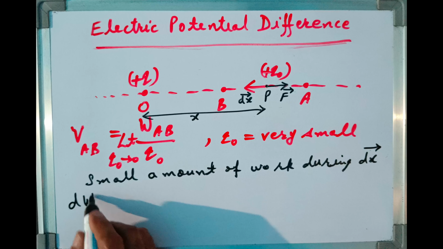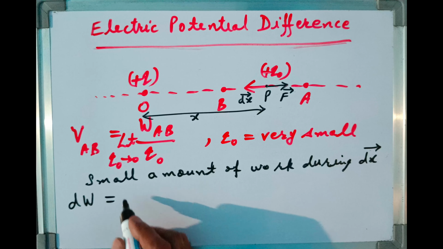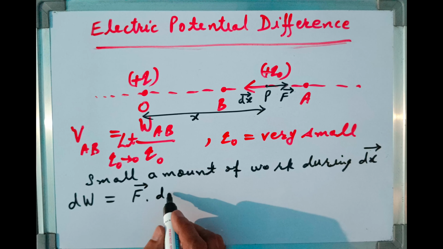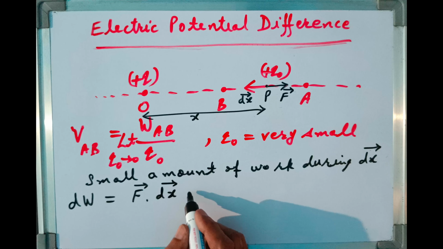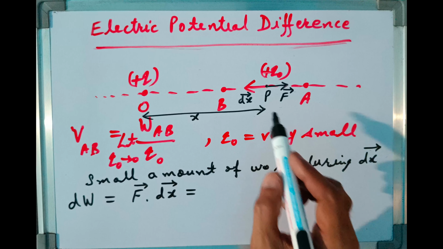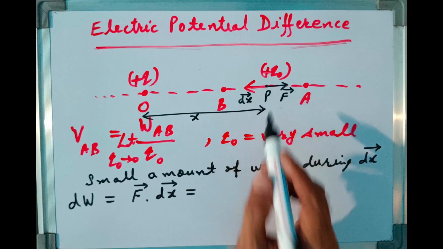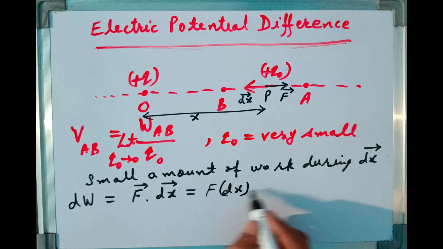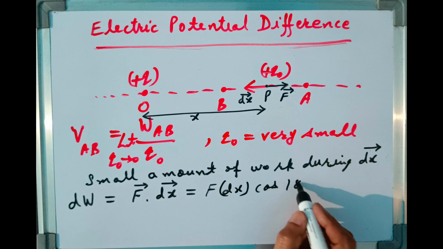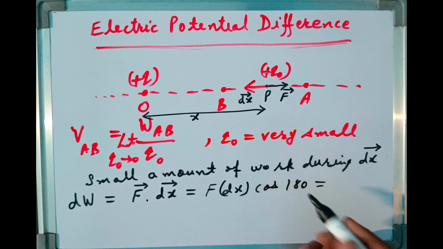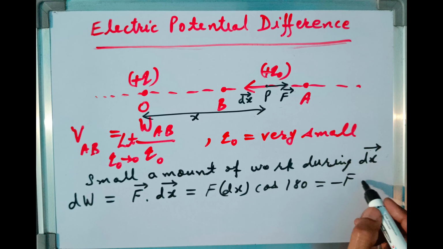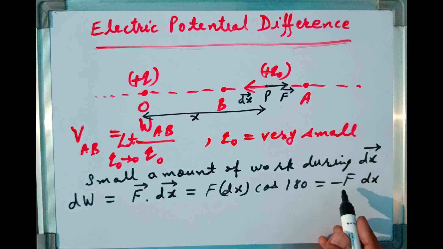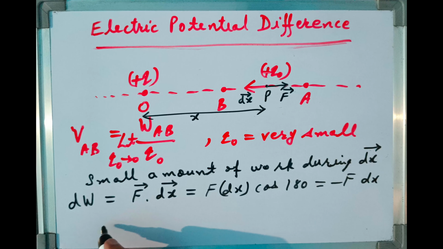Let me denote this small amount of work done as dw. By definition of work, it is dot product of force vector and displacement vector. In this case, angle between F and dx vector is 180 degree. So I can write F dx cos 180 degree. Cos 180 degree is minus 1. So I get minus F into dx. Now we have to put the values of this Coulomb force.